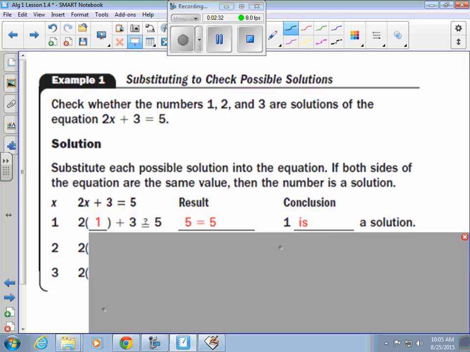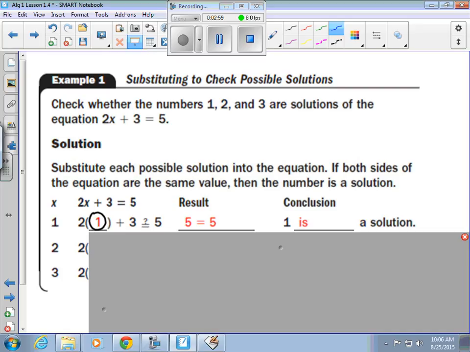Here is example number 1. Substituting to check possible solutions. Check whether 1, 2, and 3 are solutions. 2x plus 3 is equal to 5. If we plug in the number 1, we have 2 times 1, which is 2, plus 3 equals 5. 5 equals 5, therefore it is a solution.